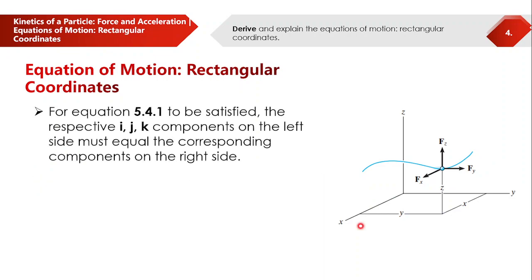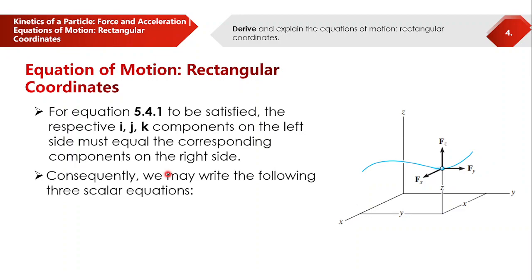Okay? So for equation 5.4.1 to be satisfied, their respective i, j, k components on the left side must equal the corresponding components on the right side. So consequently, we may write the following three scalar equations.